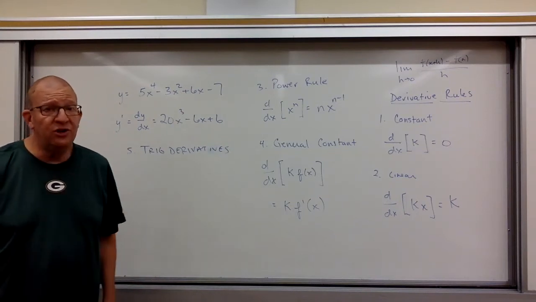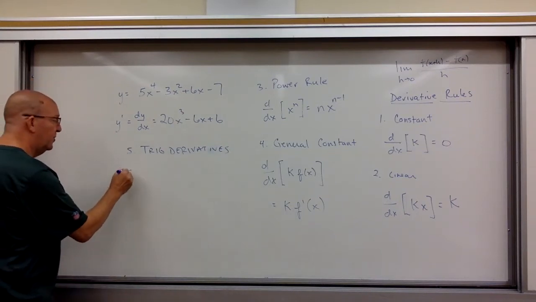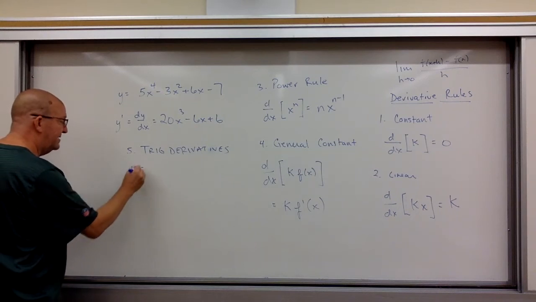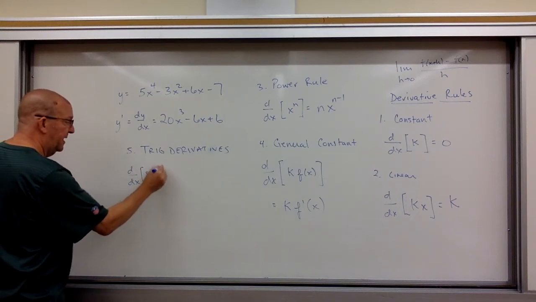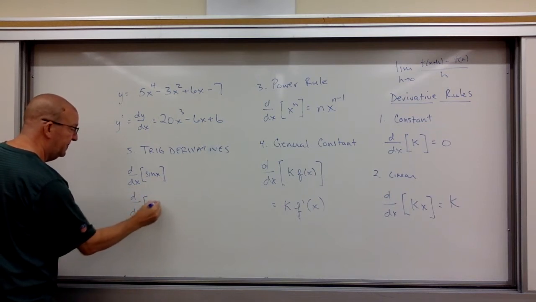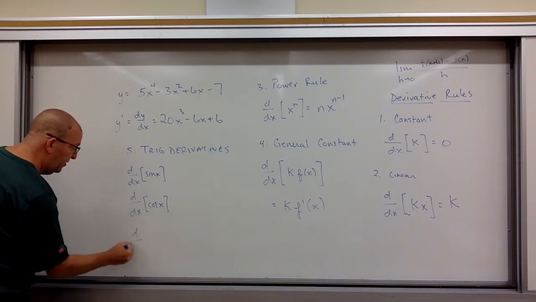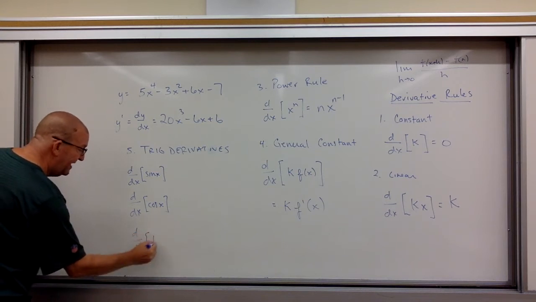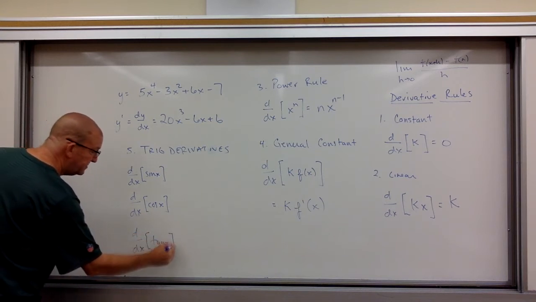And these are ones you're going to need to know. The derivative with respect to x of the sine of x. The derivative with respect to x of the cosine of x. And the derivative with respect to x of the tangent of x.